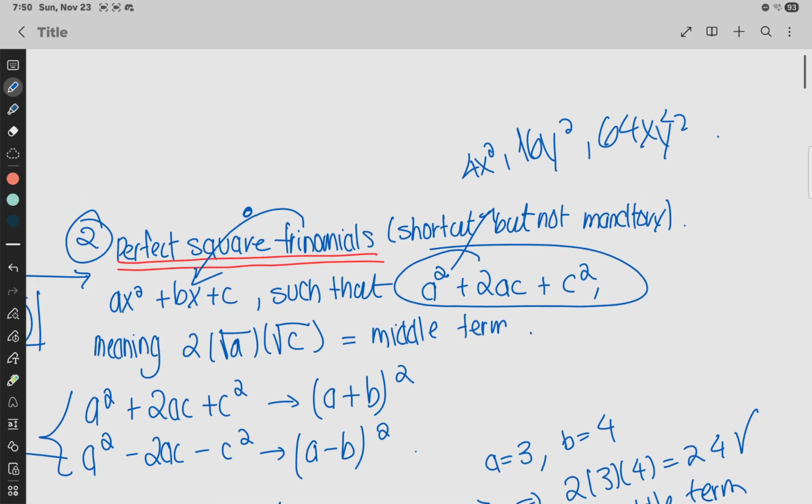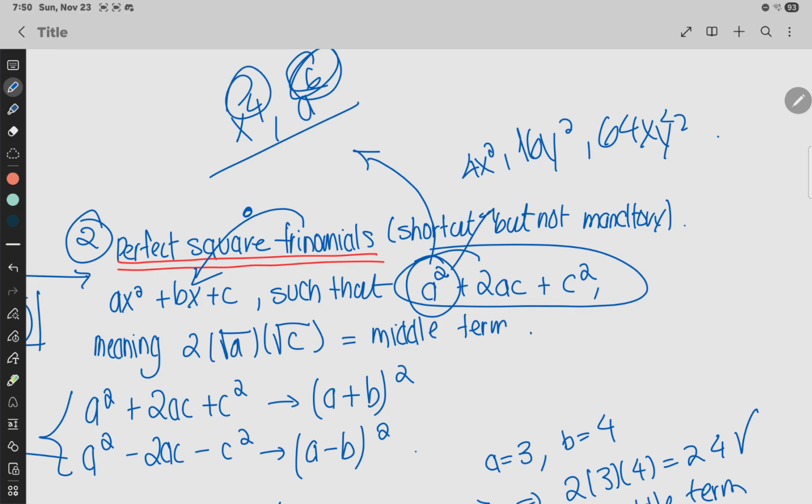And a perfect square variable, to clarify, could be x to the 4th or like a to the 6. As long as the power is an even number, then it's a perfect square, because the square root of, let's say, x to the power 4 is x squared.